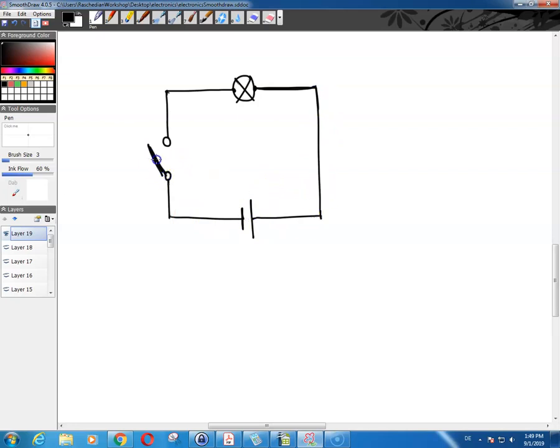Now, if your switch is open, this is an open switch. Your switch is open, your lamp is not glowing. Your lamp is turned off.